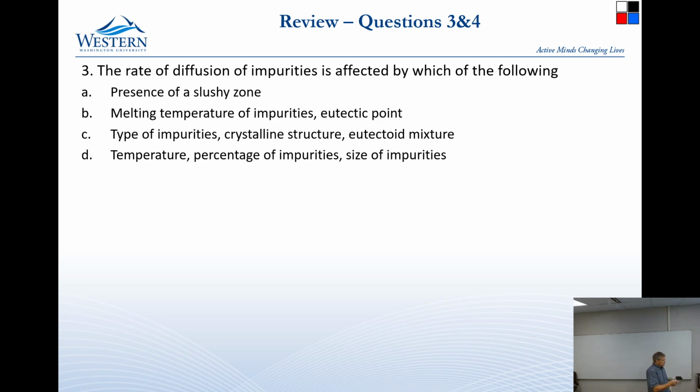If you have small impurities, they can move through the crystalline structure much faster. If you have higher temperatures, the thermodynamics drive those to move much faster. And the size of the impurities, or the percentage, because thermodynamics will drive them together or drive them apart depending on what temperature you have. So thermodynamics will drive them back and forth. Questions?